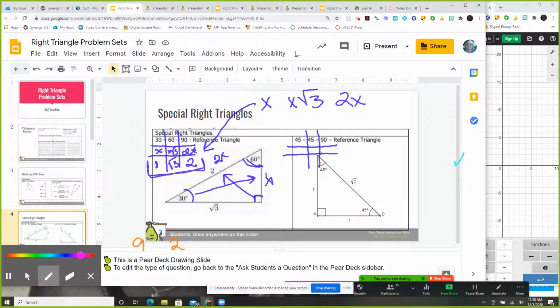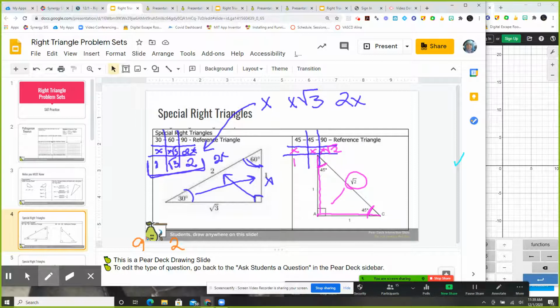You are welcome. For the 45, 45, 90 triangle, we've got a similar ratio, but it's a little bit different. We know that our legs are going to be exactly the same because these 45 degree angles are exactly the same. So we'll make both of those X. And then because I have 2 angles that are the same, that hypotenuse is always going to be just X square root of 2.